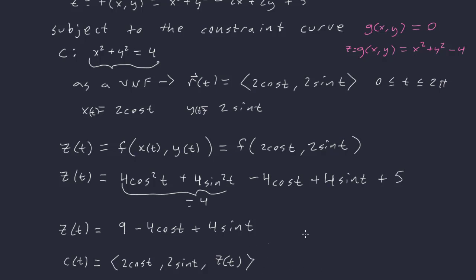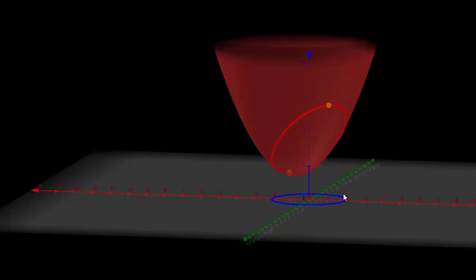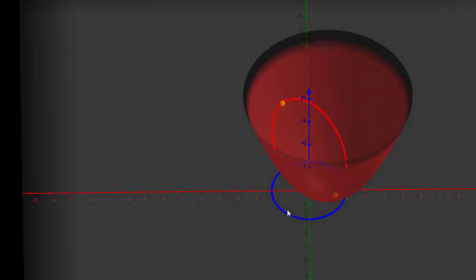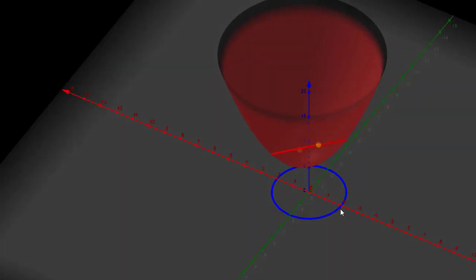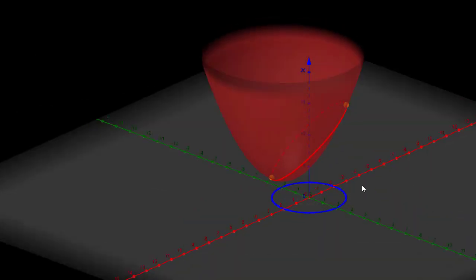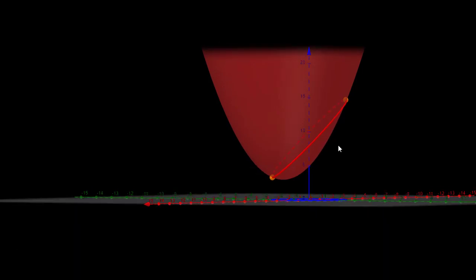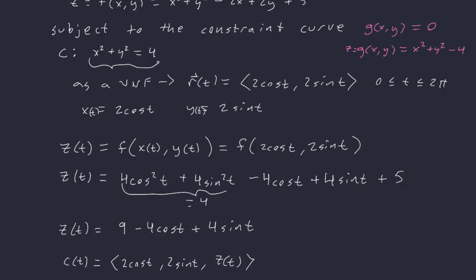Okay? And if we want to find these 2 points, right, this maximum and this minimum, what we need to do is basically what we're trying to do is maximize and minimize the height, because we're talking about maximizing and minimizing the z value. Okay, so we don't have to worry about what's going on here.